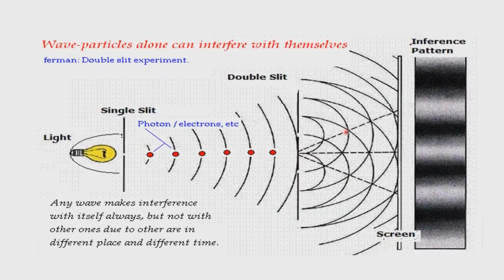Obviously, you know it is going to be different. Suppose I put these two holes closer to each other, then what will happen? If you put the holes closer to each other, these will now spread further. So, the distance between these lines will become larger if the holes are closer to each other. If the holes are farther away from each other, these will become closer to each other.